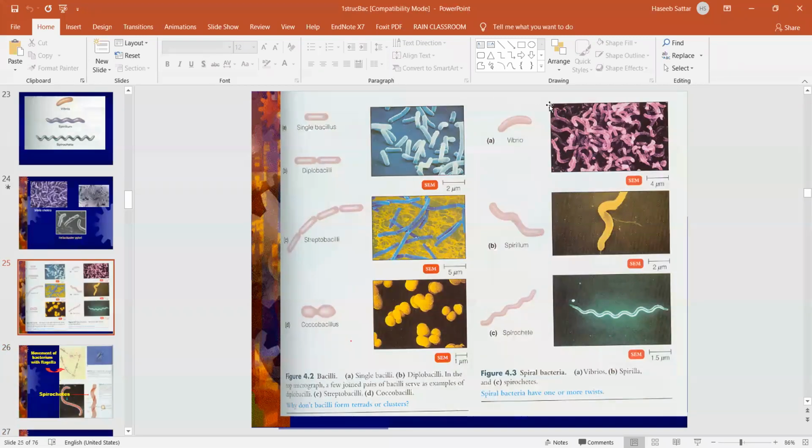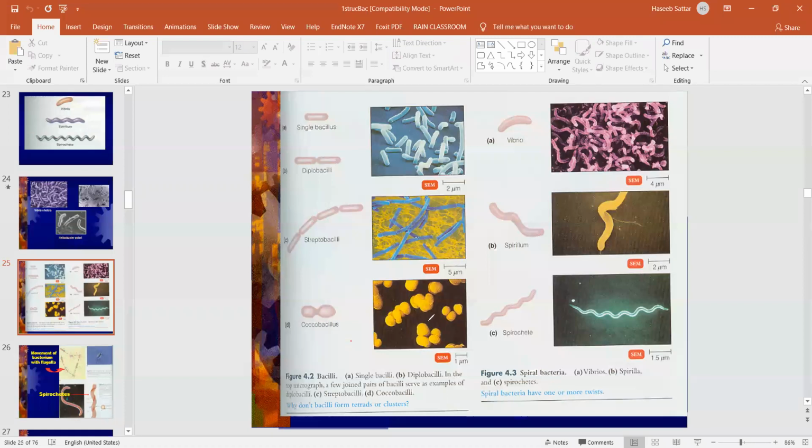Okay, so this is a general overview of the different types of bacteria which we have studied. As I told you, bacilli may be present as single or as double. When present as double, we call it diplobacilli. When present as single, we call it simple bacilli. If it is present in a long chain form, then we call them streptobacilli.